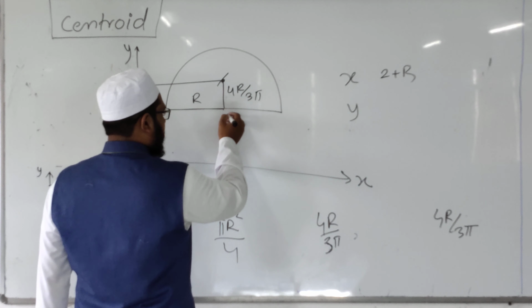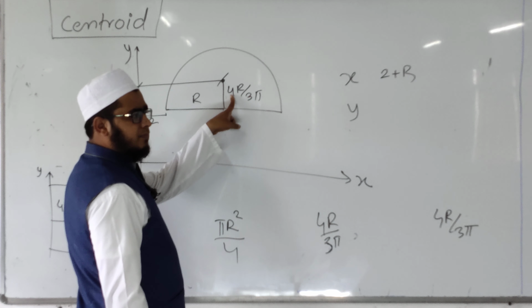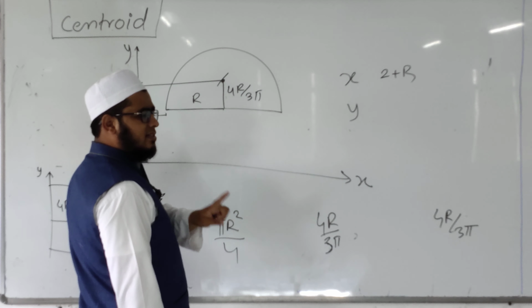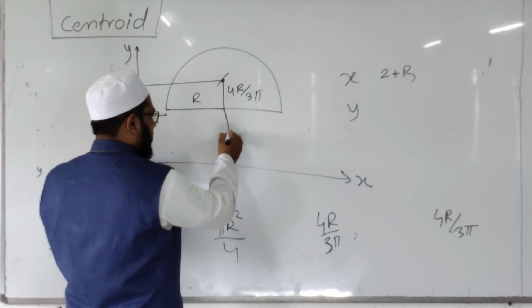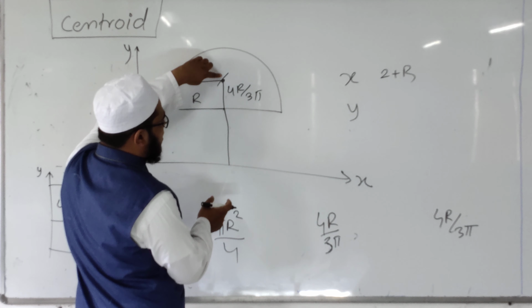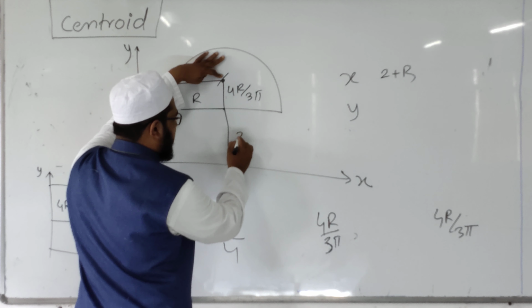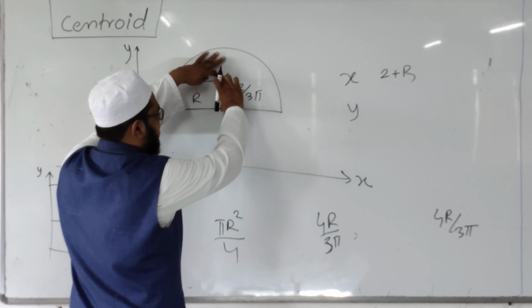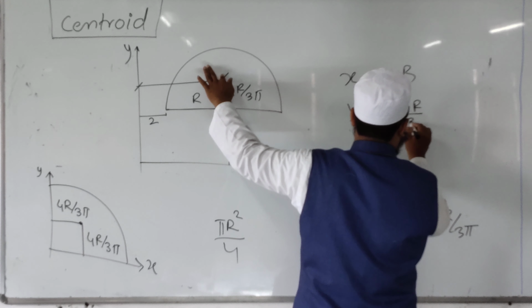And similarly, the y coordinate we will not directly write as 4r by 3 pi. What is y? Y is the distance measured from x axis. So we have to consider this distance also, because the distance of this point from x axis we have to measure. If it is 3, then 3 plus this distance, 3 plus 4r by 3 pi.